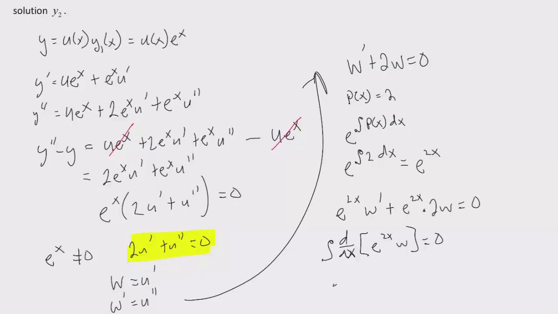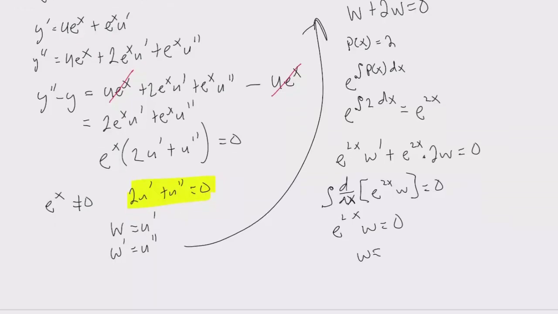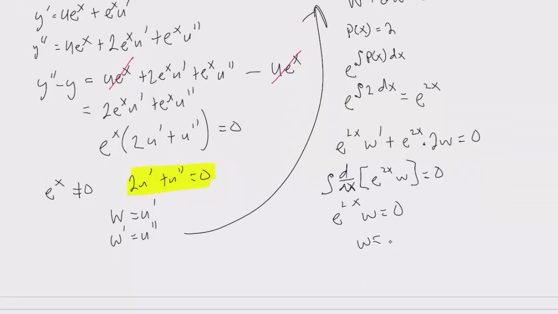So integrating that gives me e to the 2x w equals 0. So what does that tell me about w? It tells me that w is equal to e to the negative 2x. Okay, I'm sorry, I dropped a constant in there.